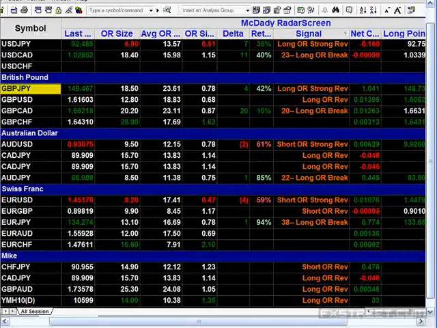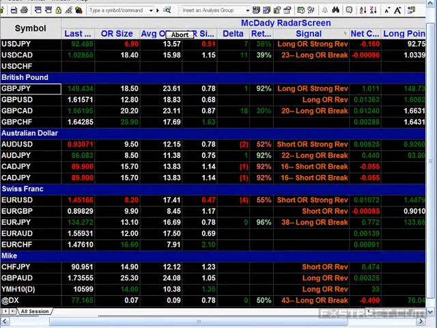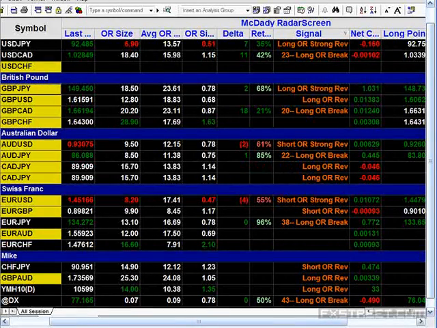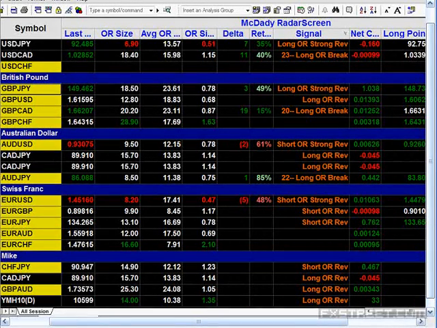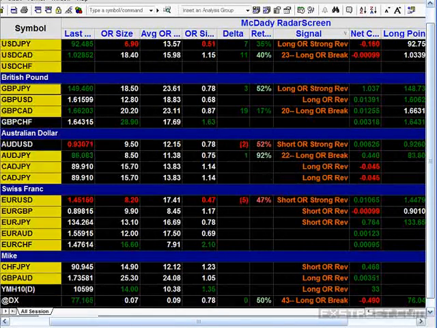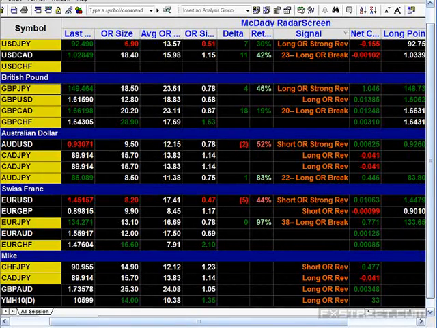If the pound yen or any other pair gets above its long point, I have two choices. If it's above the long point, I can only buy, or I can choose to do nothing.